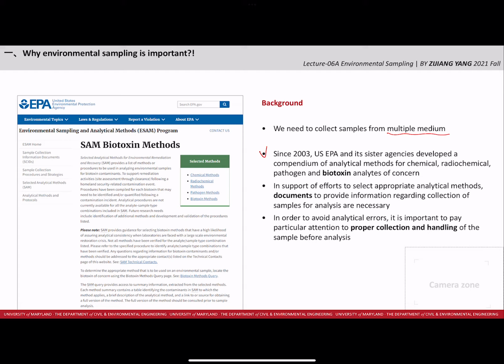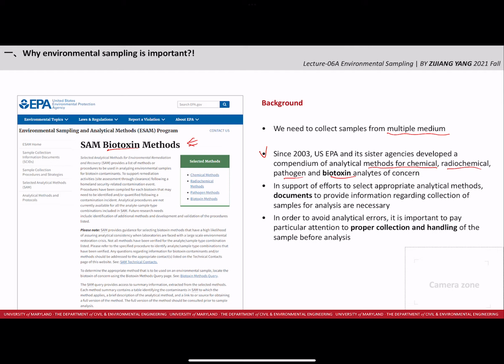And since 2003, US EPA and its sister agencies developed a compendium of analytical methods for chemical, radiochemical, pathogen, and biotoxin analytes of concern. And this is a page of the biotoxin. And you guys can find this information on the EPA website.